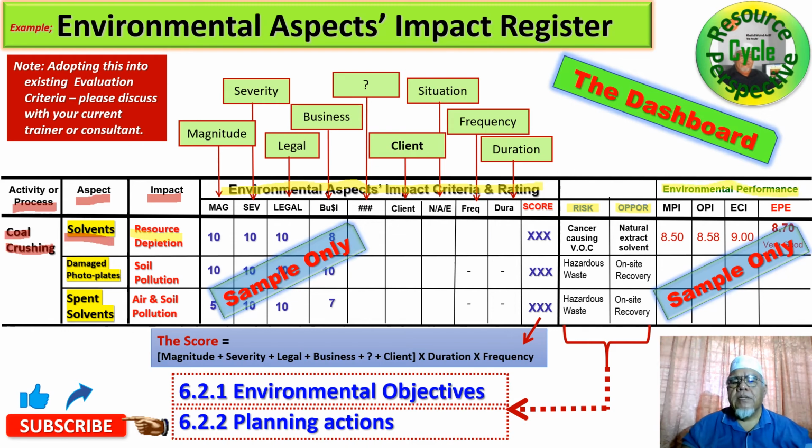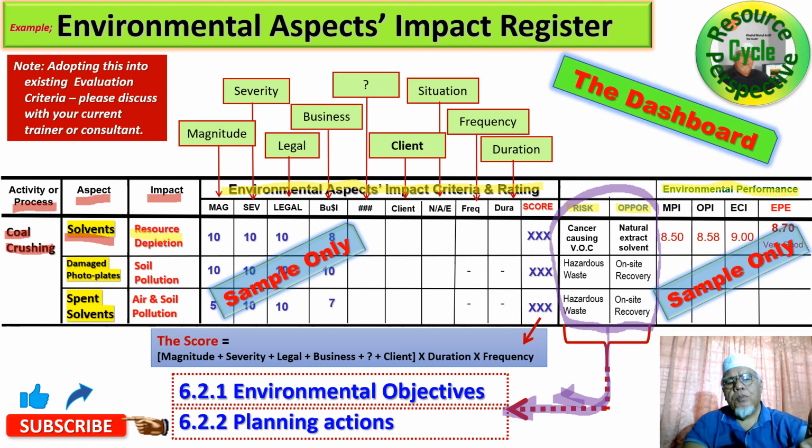Partially complying, because the next thing from here is to design your environmental objectives based on this risk and opportunities. We start to design our environmental objective. There you are. Then it is complete, your intended outcome is seen.